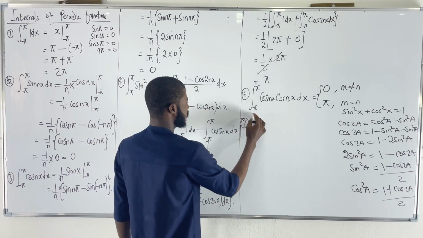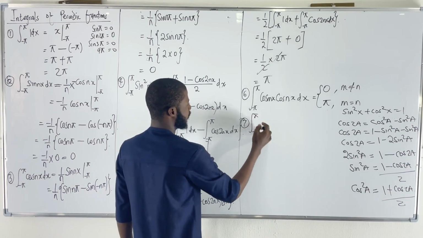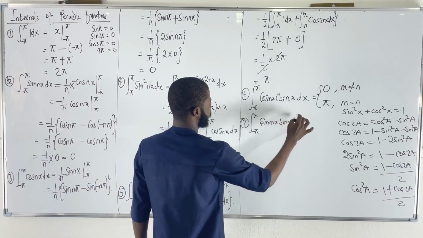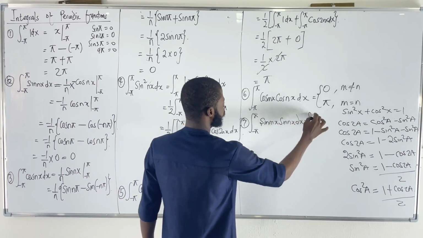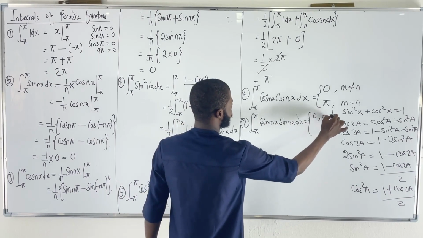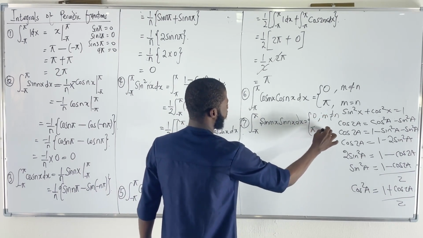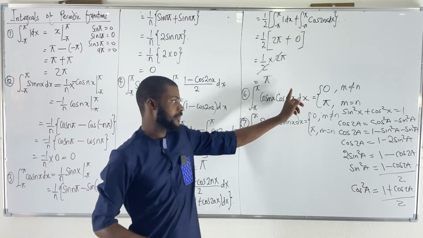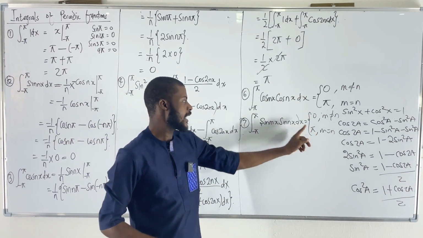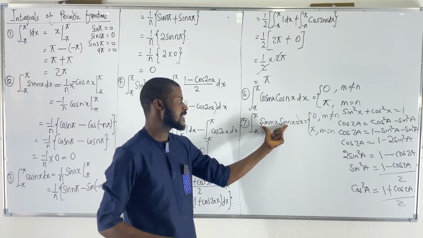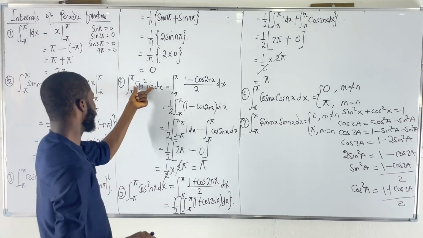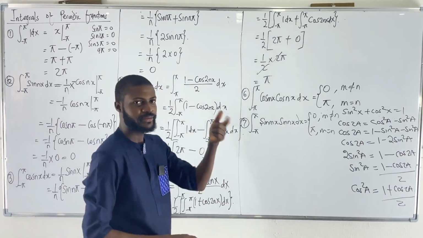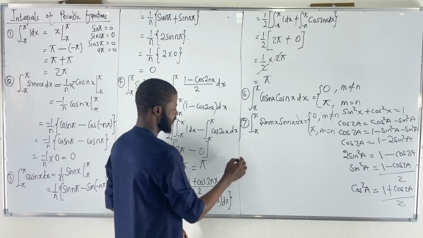Similarly, the integral from minus pi to pi of sine mx sine nx dx will be 0 when m is not equal to n, and this will be pi when m is equal to n. If these two are the same, sine times sine is sine squared, and when we did sine squared, we had pi. So that's very self-explanatory. I just want to skip all of this.